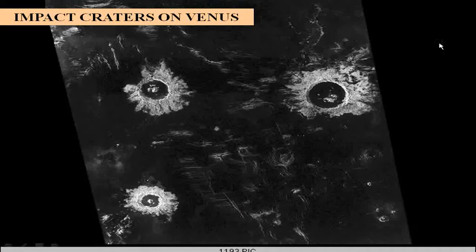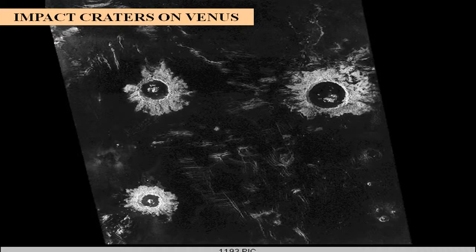Here are some impact craters on Venus, and to me it just looks like bullets going through glass. You have this amorphous type of rock, which is what glass is, and high velocity meteorites have come in and shattered through the glass.